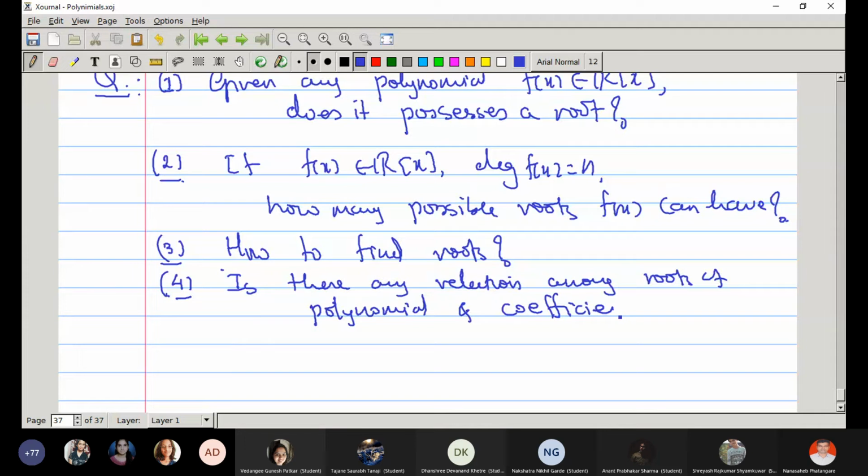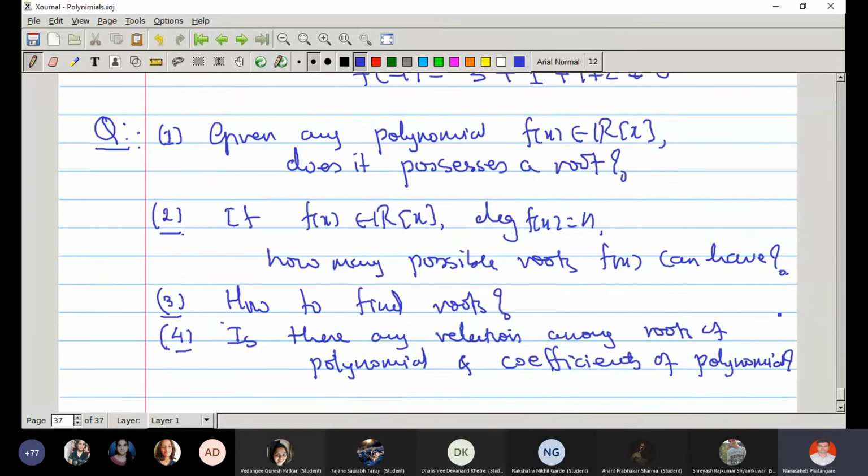Right? So these are some basic questions, and the ancient people had these questions and they developed some theory on how to find roots, and whether every polynomial possesses roots, and so many questions they had, and in that way the theory is developed. These are the basic questions.